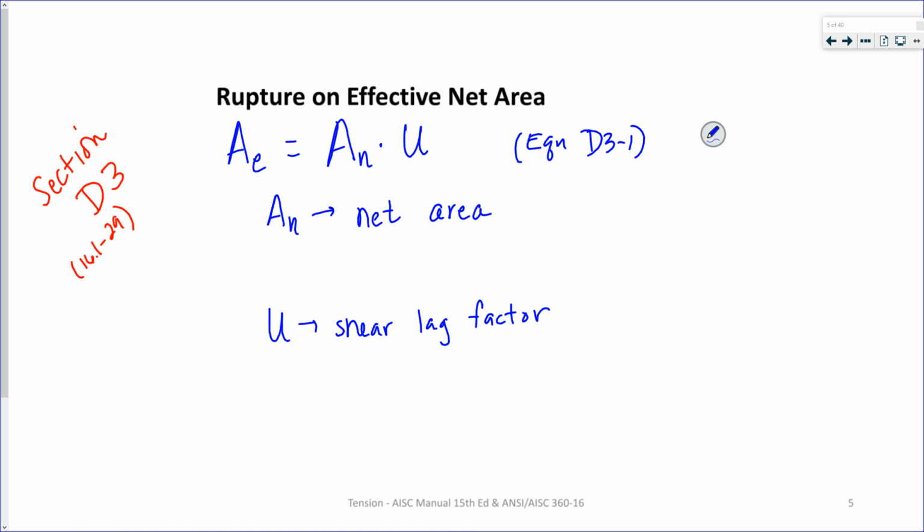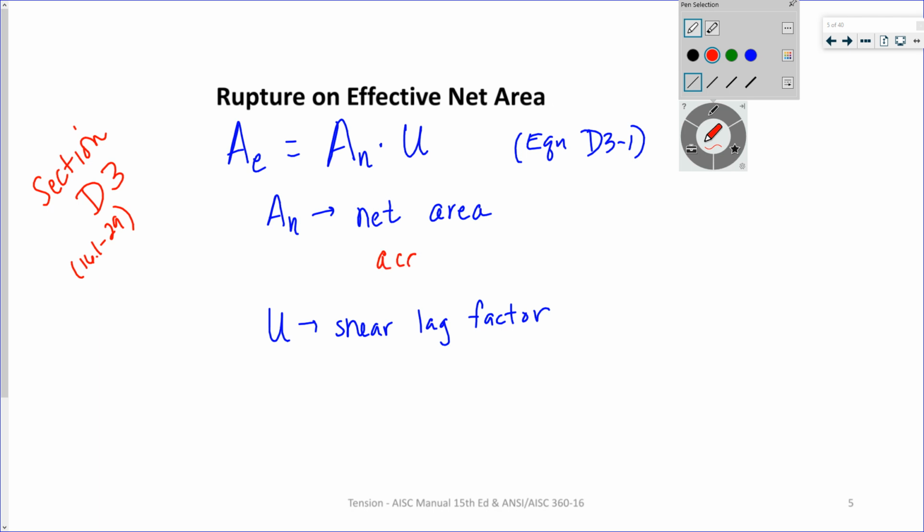And it says that the gross area A g and net area A n of tension members shall be determined in accordance with the provisions of B4.3, sorry, B4.3.